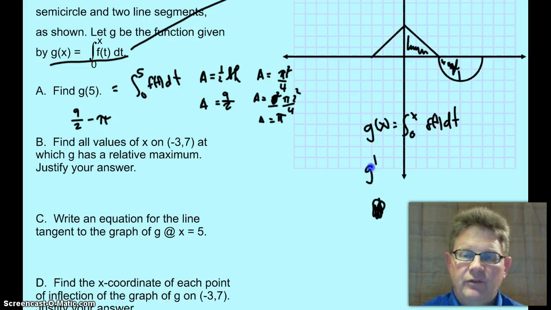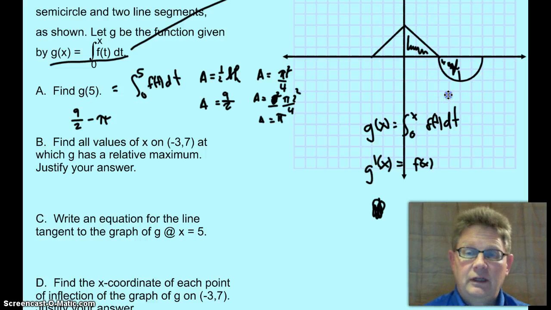What's g prime of x from what we learned just a little bit earlier in this video? Oh, it's just f of x. Guess what? This graph right here is the derivative graph for g. So hey, we're just interpreting a derivative graph.